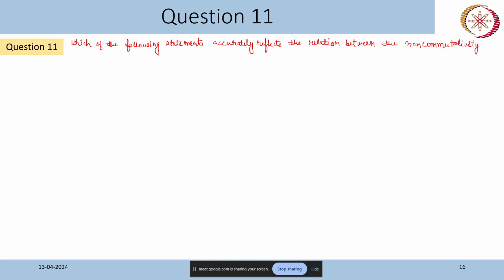So you know what non-commutative means, in maths, what non-commutative means, of position and momentum operators and the Heisenberg uncertainty principle.